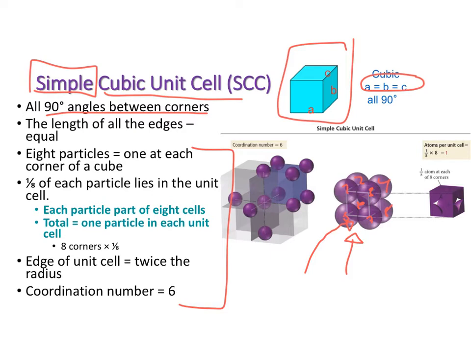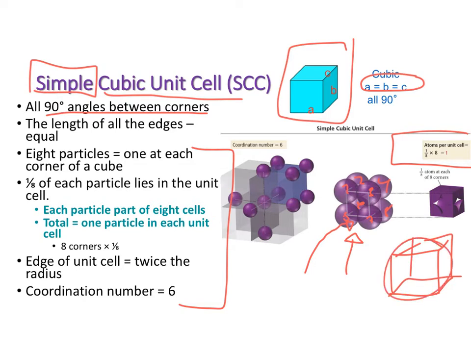Because there are 8 atoms per unit cell, 1/8 times 8 gives us a total of 1 atom per unit cell. It's not like you just have an atom within there, right? It's that you have 1/8 of 8 of them total, which adds up to 1.